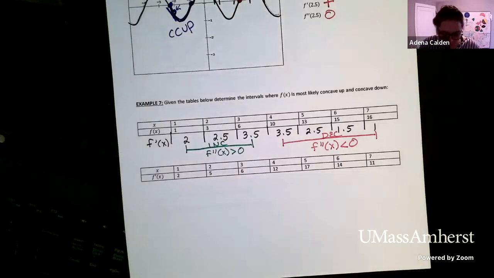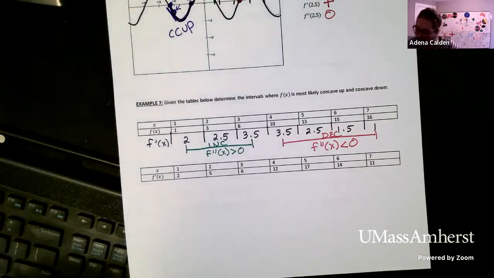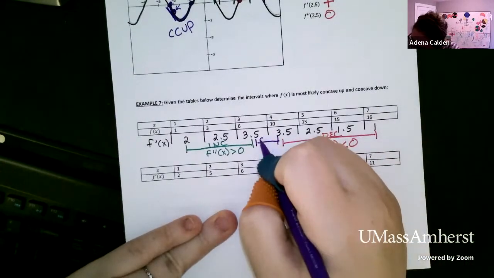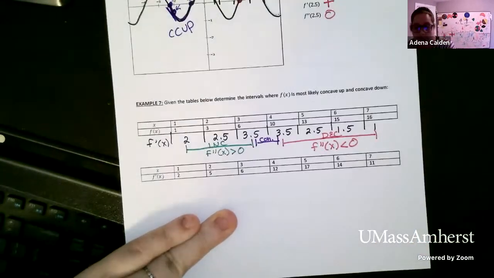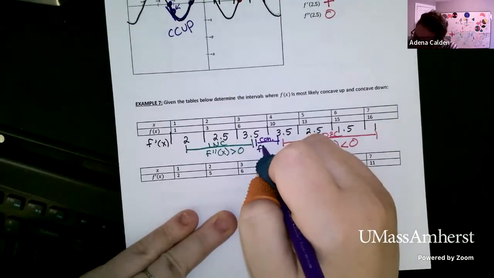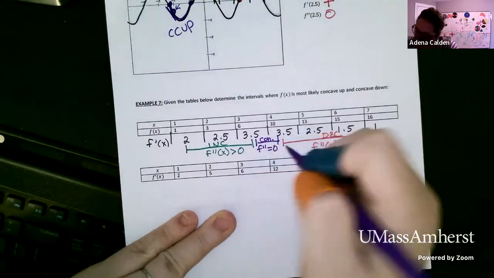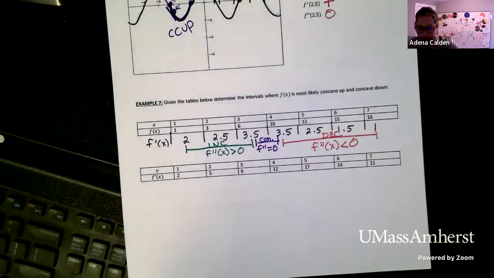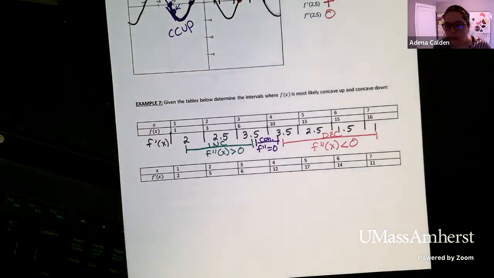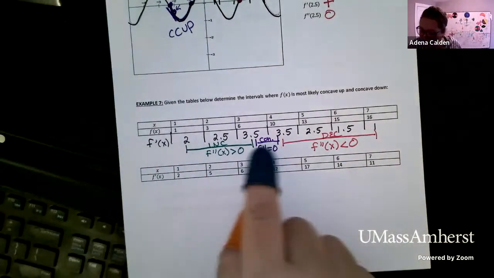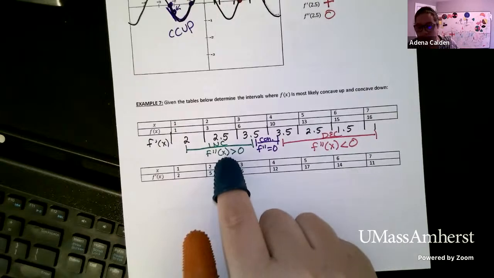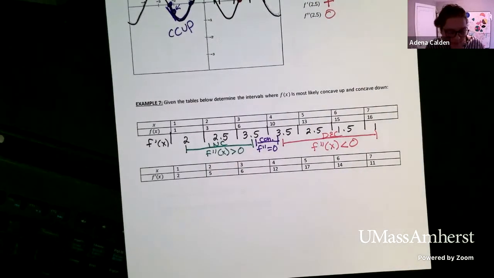And what about this 3.5, 3.5, right? So that's the same. So that's going to be constant. I'm going to put CON. And we said that the second derivative will equal 0 if the first derivative is constant. So the reason I wanted to get the first derivative is to figure out where it's increasing and decreasing, which is going to tell me where the second derivative is positive and negative.